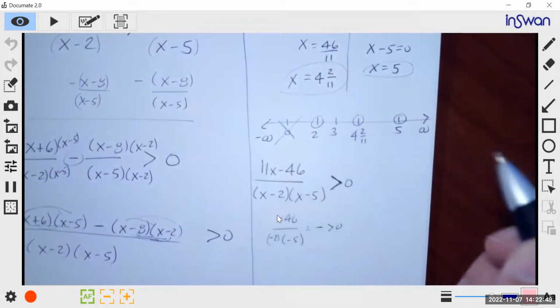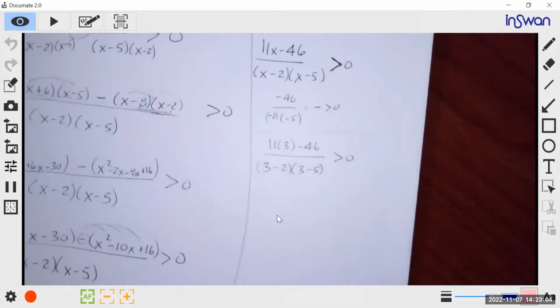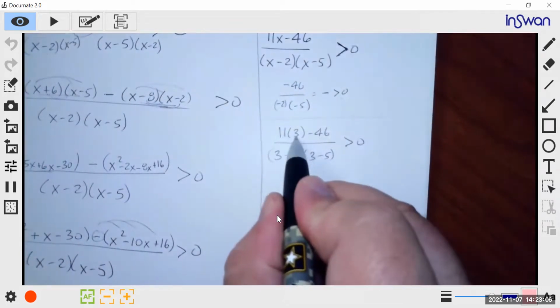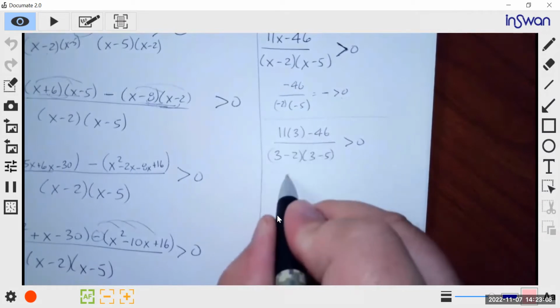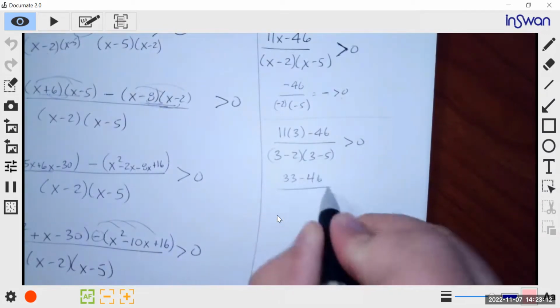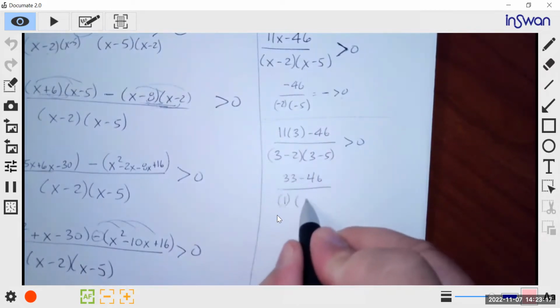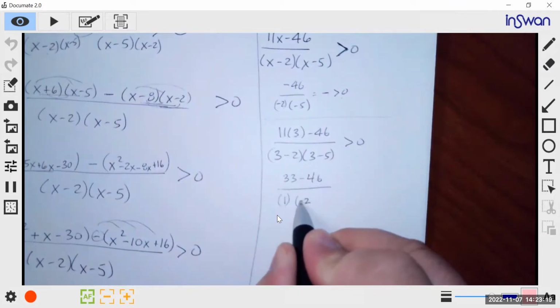Let's use 3. 11 times 3 minus 46, over 3 minus 2 and 3 minus 5. Is that greater than 0? 11 times 3 is 33. 33 minus 46 is negative 13. The denominator is a positive 1 times a negative 2.